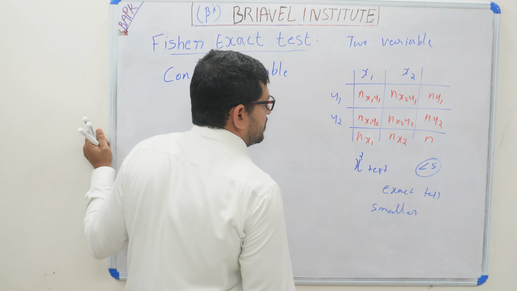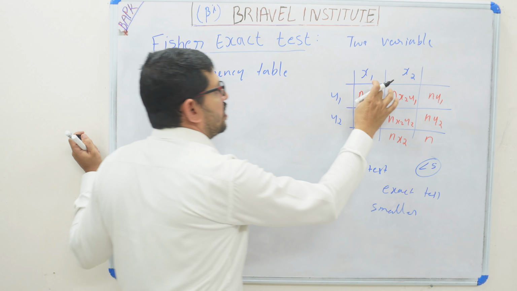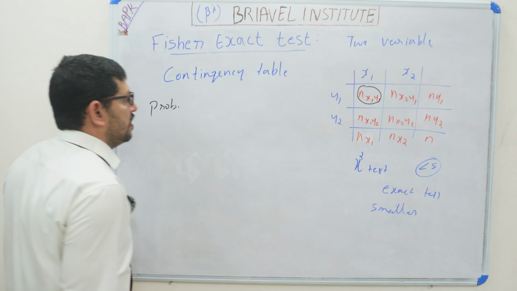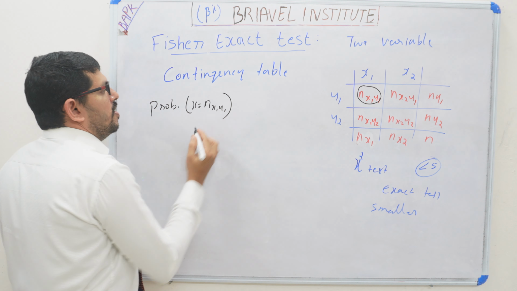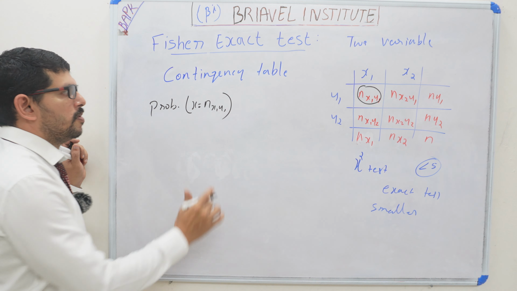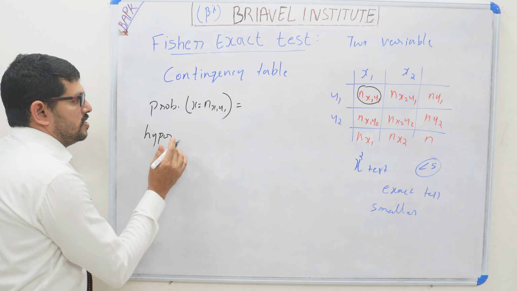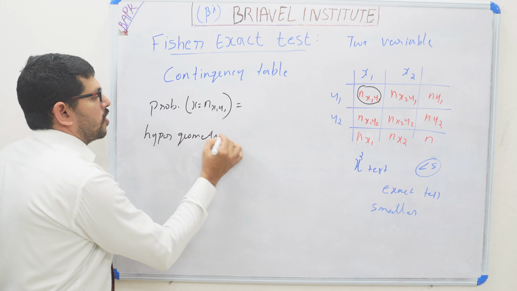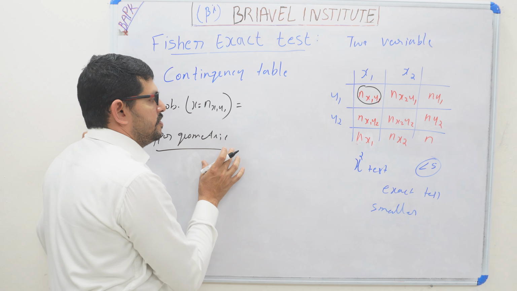In the Fisher-Exact test we need to find out the probability of occurring in x1 y1. So for this cell, what is the probability of occurring? We can write it as n x1 y1. This probability is found using the hypergeometric distribution formula.